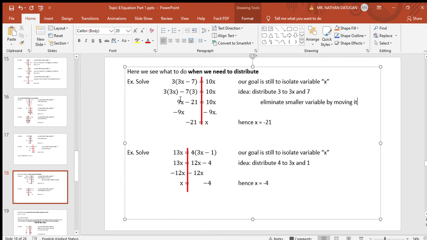How do we move it? We subtract by 9x, not just by 9, not just by x, but by the whole term. 9x minus 21 minus 9x is -21. 10x minus 9x is x. So x is equal to -21.